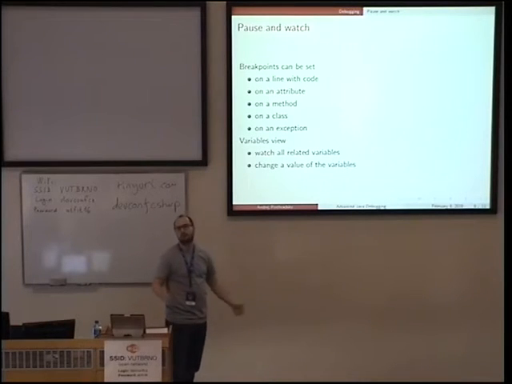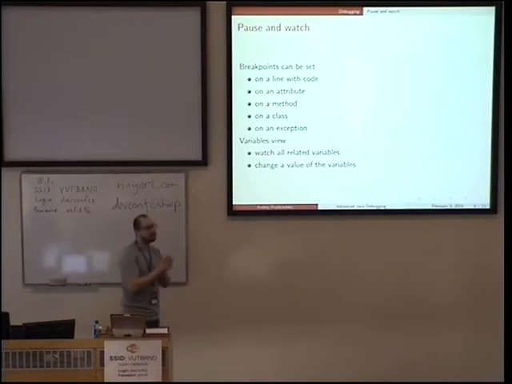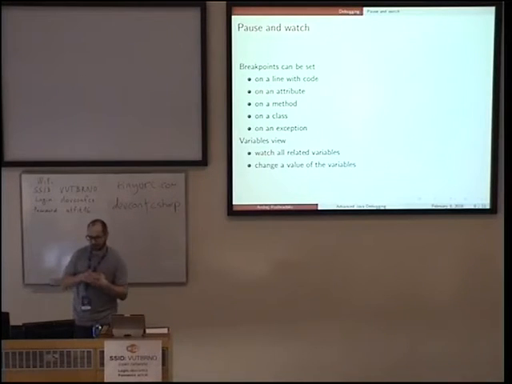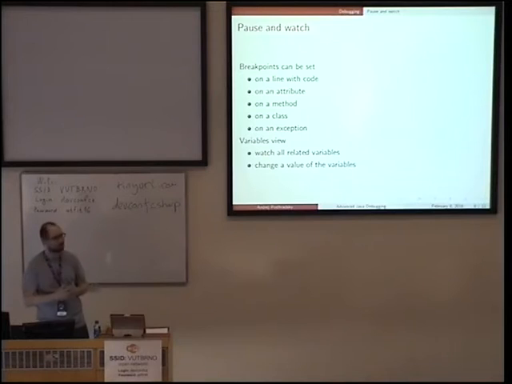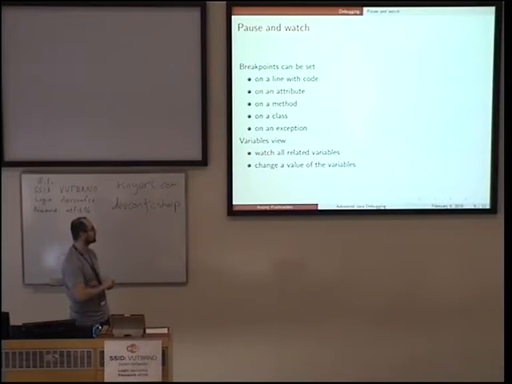This will be your homework. And you can also put a breakpoint on an exception, and I will also show you such situation. I showed you variables view, where you can watch all related variables, and even you can change the value of any variable here.